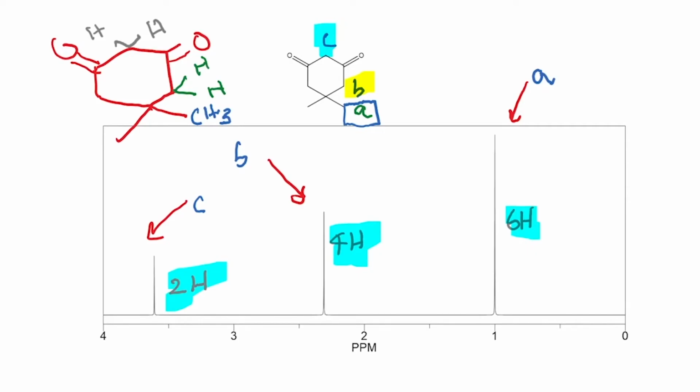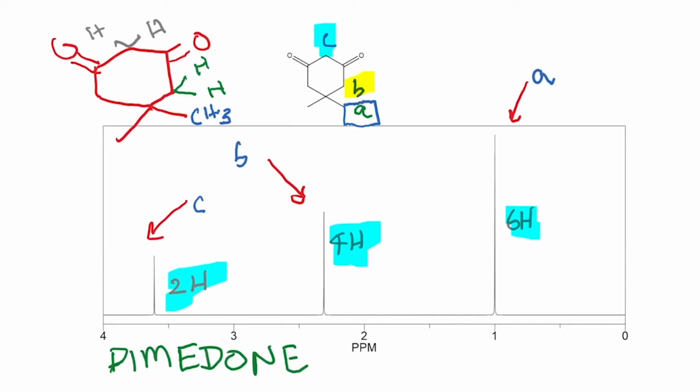This molecule, by the way, is called dimedone, D-I-M-E-D-O-N-E. It's a very interesting molecule, quite widely used for various synthetic as well as analytical applications. So this is the spectrum that I would see.